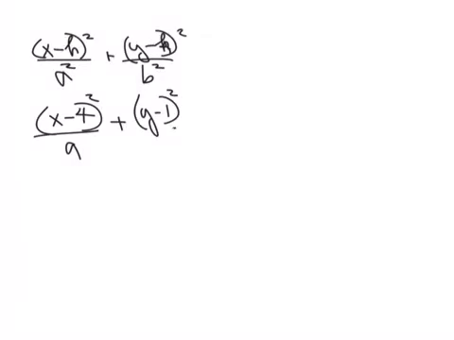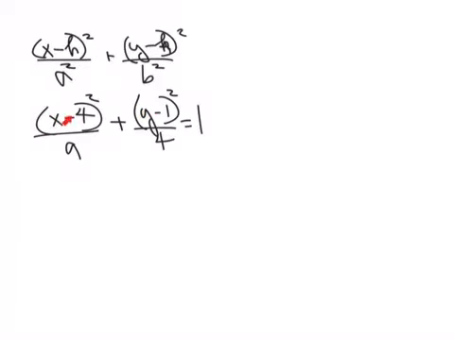Okay, so for instance, if I had x minus 4 quantity squared over 9 plus y minus 1 quantity squared, and I've got an equation like that, that's going to put the center of my ellipse at whatever makes this 0 and whatever makes this 0.